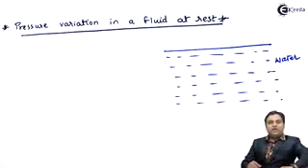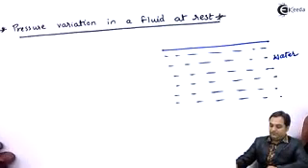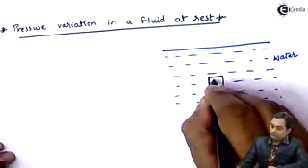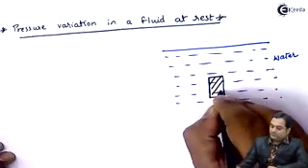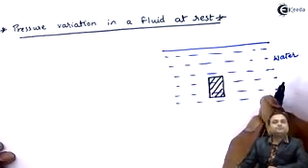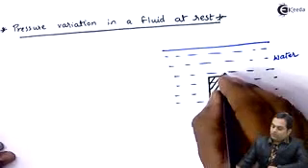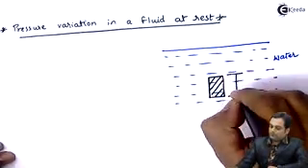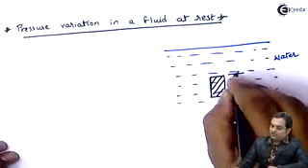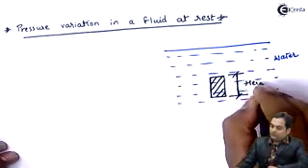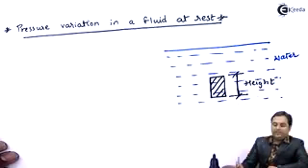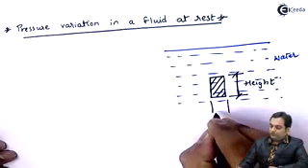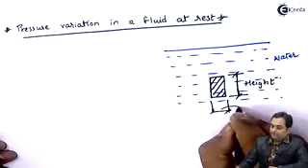Now, if we have an element which is kept inside this water, and if we have the height of the element, and here this would be the width of the element.